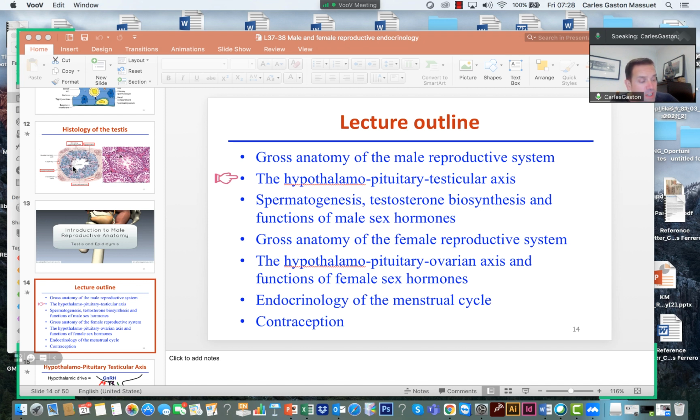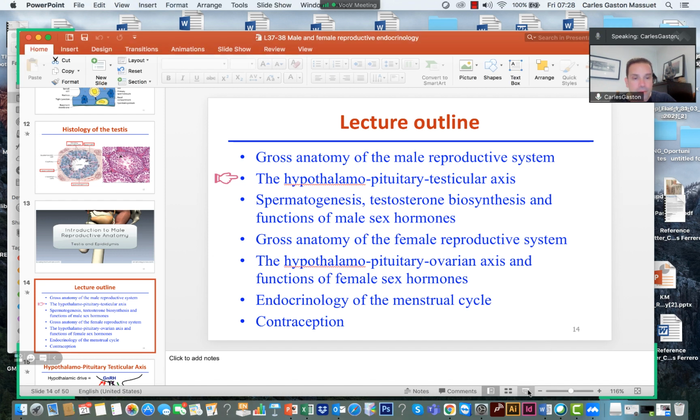The main hormone is testosterone, right? And this is regulated by the hypothalamic pituitary testicular axis. And if you remember from the lectures of the first week, we studied the hypothalamus and pituitary, and we will revisit this and recapitulate.